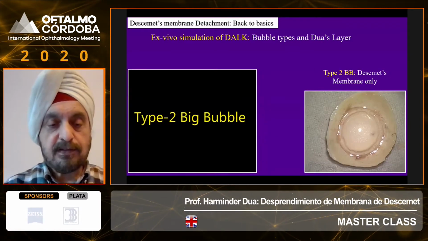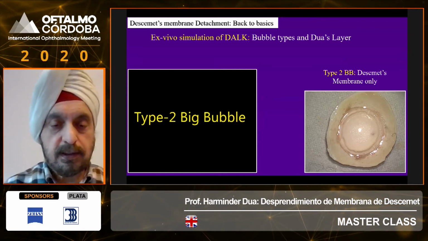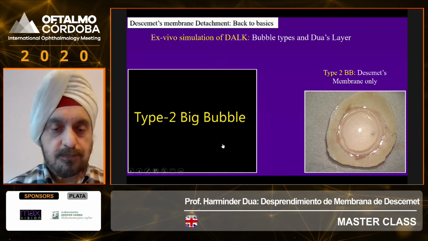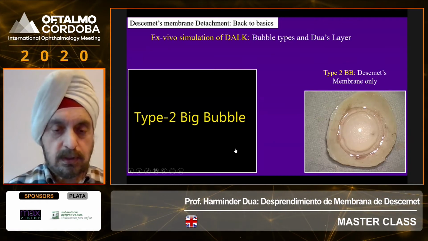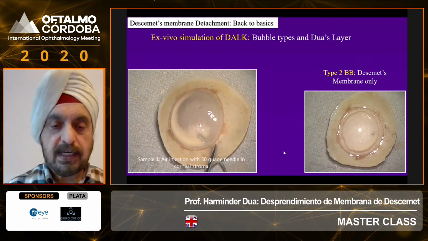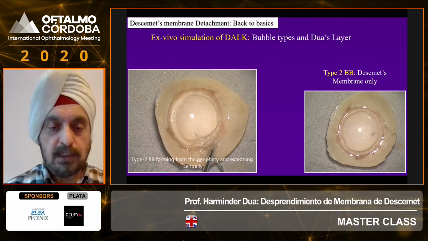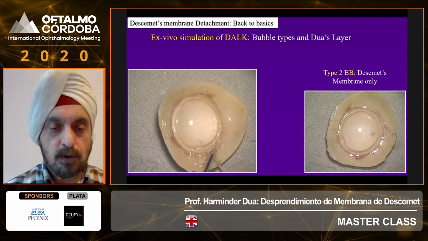And sometimes this happens. In this video, you'll see that when we inject the air, a very thin-walled bubble forms. You can see over there, and it goes across the whole cornea.